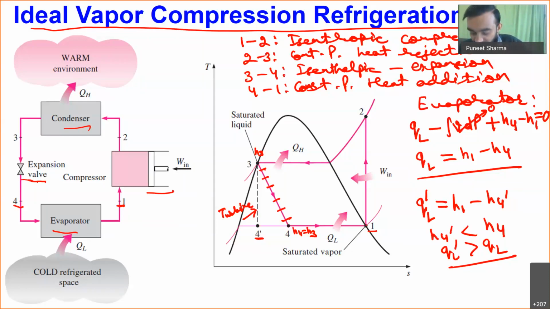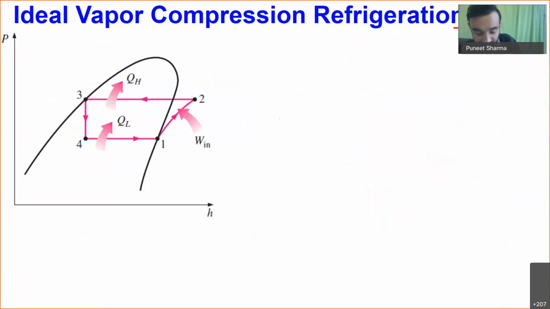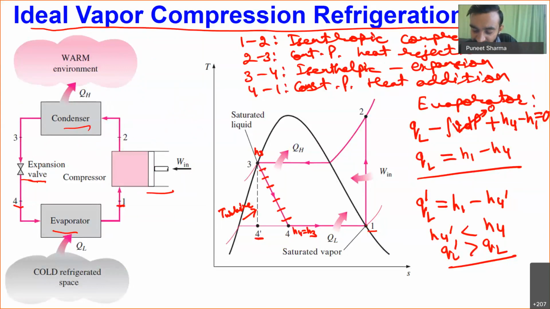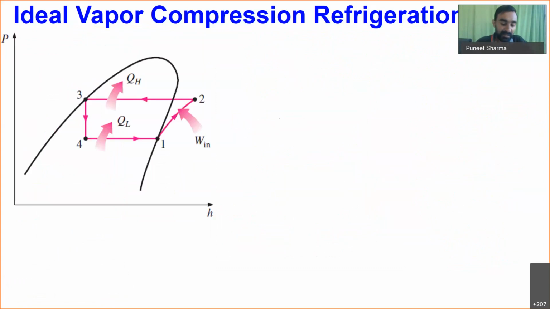Okay, so this I have quantified over here, the refrigeration effect. So the refrigeration effect over here is nothing but equal to H1 minus H4 if I write it on a per kg basis. Okay, then if I show you the pressure and enthalpy diagram, that looks something like this. So this line 1 to 2 is nothing but a constant entropy line on the pH diagram, and these are the constant pressure lines from 4 to 1 and 2 to 3, and this 3 to 4 is nothing but our constant enthalpy line over here.